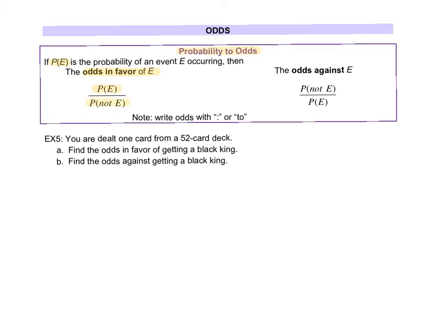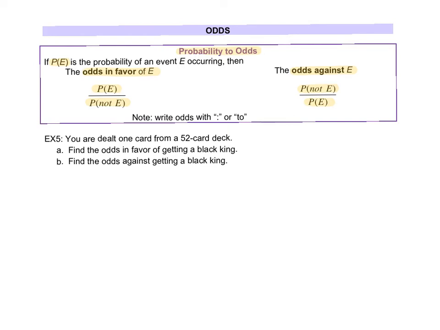The probability that it does not happen is in the denominator. So you're comparing these two things in this ratio. Odds in favor would be event happening over event not happening. Odds against an event happening is the reciprocal, or you just flip it. Odds against would be the fraction probability that it does not happen over the probability that it does.